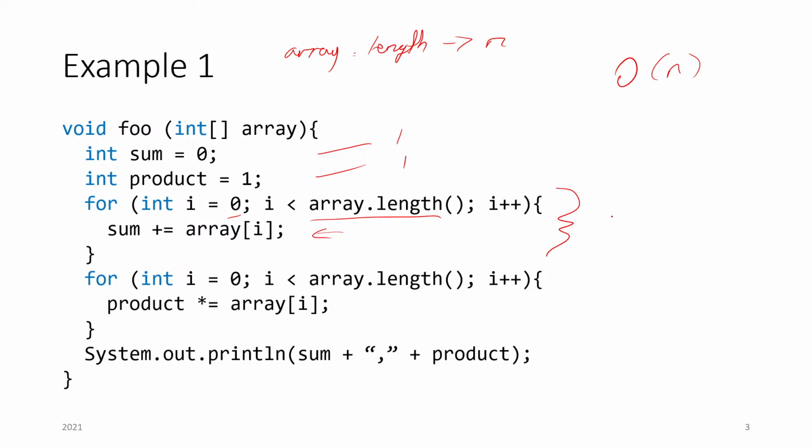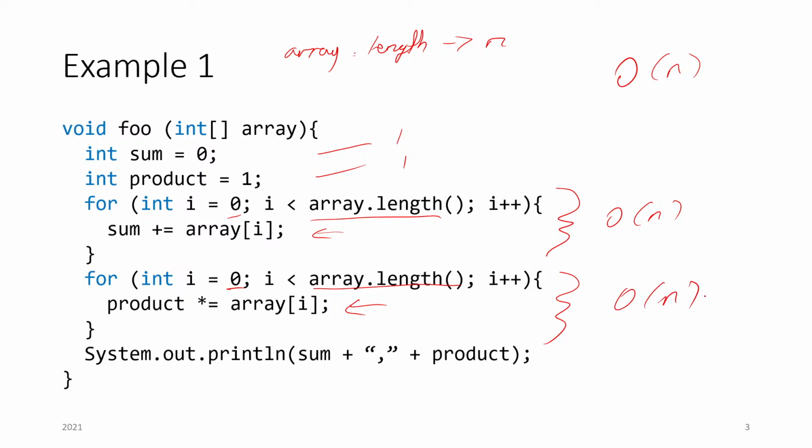So for this loop, this is O of n. And for this loop as well, this instruction also starts at 0 and goes up to array length, so that is also going up to n. So this also is O of n.